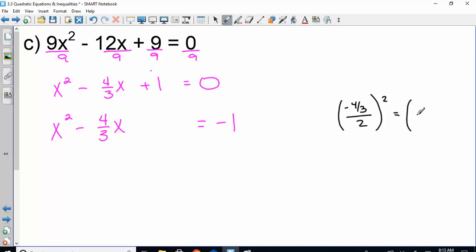What is -4/3 divided by 2? Negative 2/3. When you square that, negative 2 squared is 4, 3 squared is 9. So we will add 4 over 9 to each side.